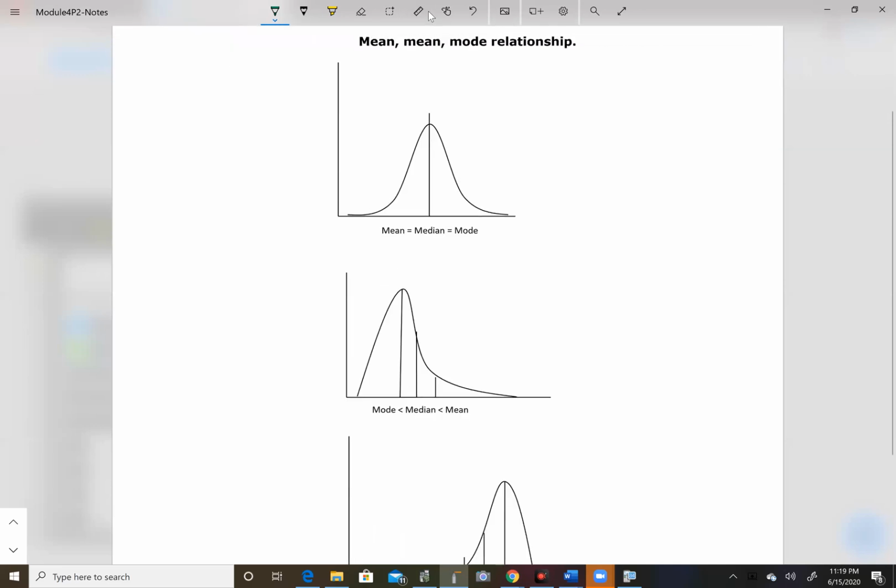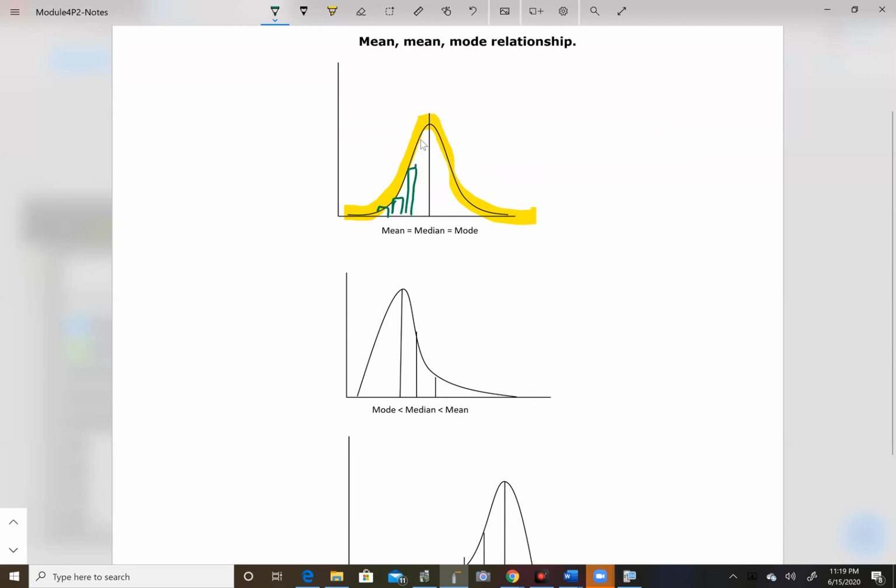Okay, and so here we're just looking at some curves, and we're going to get really into this, I think, starting in part 5 of this, but you guys should have been seeing this over the past few years. And this first one here is a normal curve, a bell-shaped curve. Pretend that there's a little histogram underneath it, with our little rectangles.